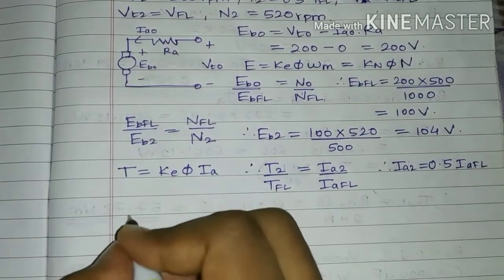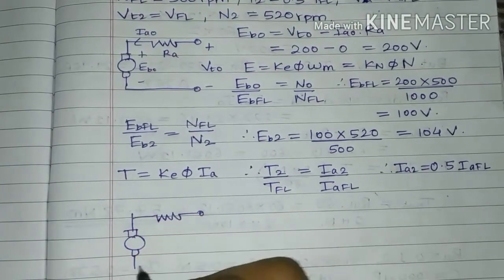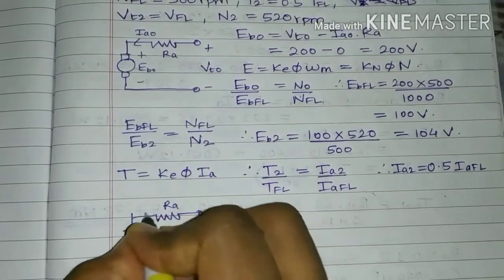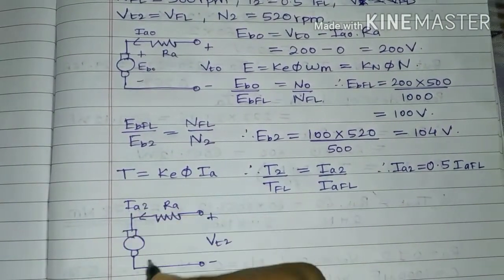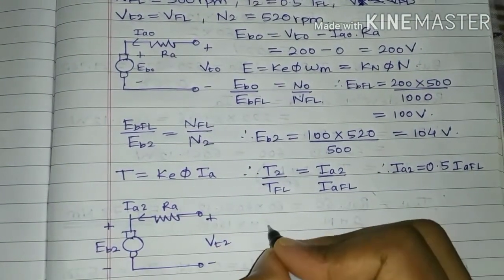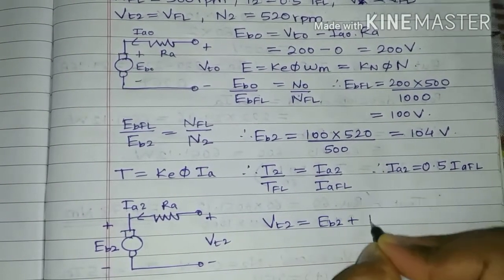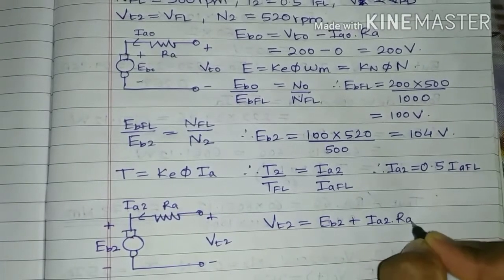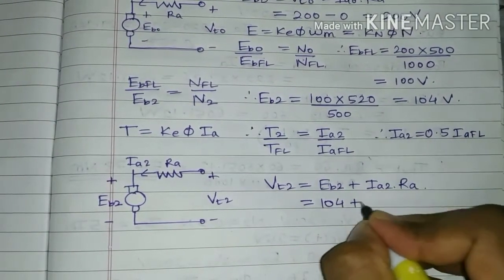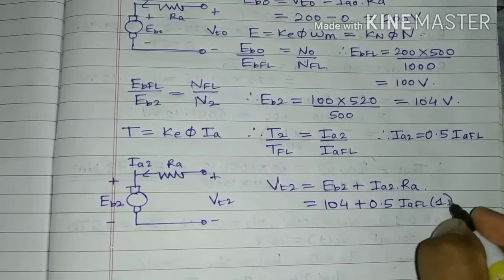Once again I am drawing the armature circuit of the separately excited DC motor when the armature current is equal to IA2 and the terminal voltage is VT2 and the back EMF generated is EB2. So we can write that VT2 is equal to EB2 plus IA2 into RA, which is equal to 104 plus 0.5 IAFL into 1, since RA is equal to 1 ohm.